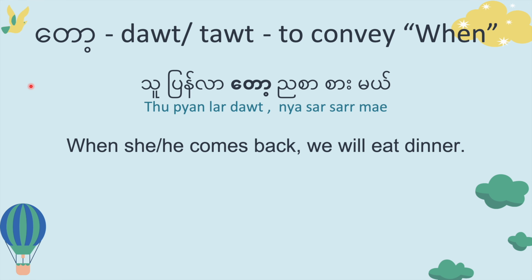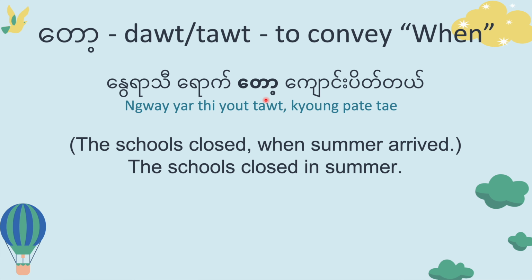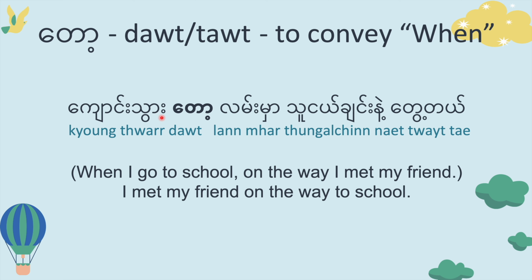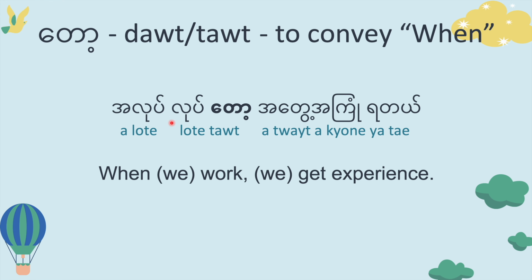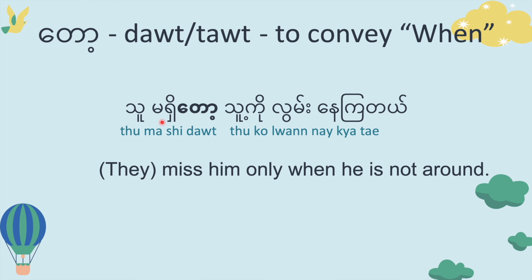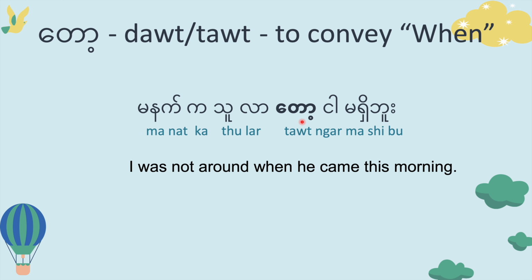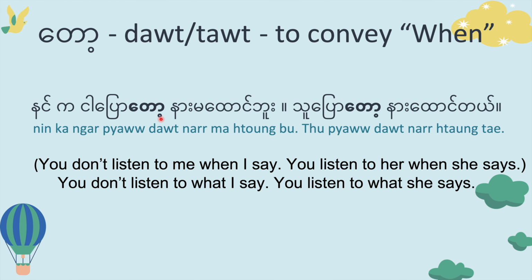So far we have looked at examples where တော့ is behind a verb, like ပြန်လာတော့, ရောက်တော့, သွားတော့, အလုပ်လုပ်တော့, သူမရှိတော့, သူလာတော့, ပြောတော့.